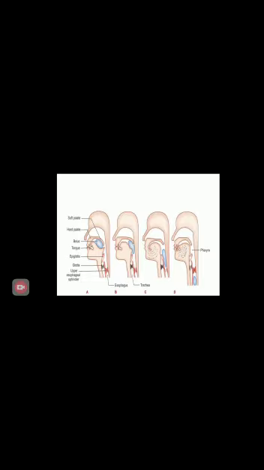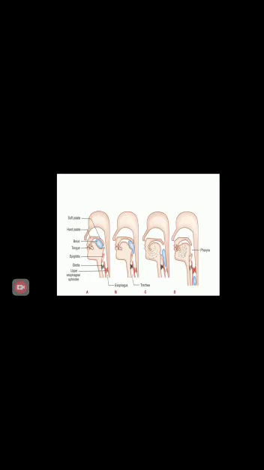Like I said, the up and forward movement of the larynx, when it moves up and forward, will stretch the opening of the esophagus.